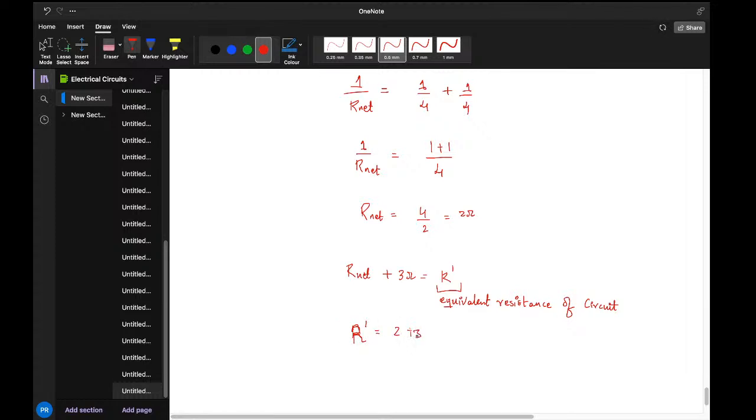Two plus 3, 5 ohms. Cool, guys. So R total equals 5 ohm.